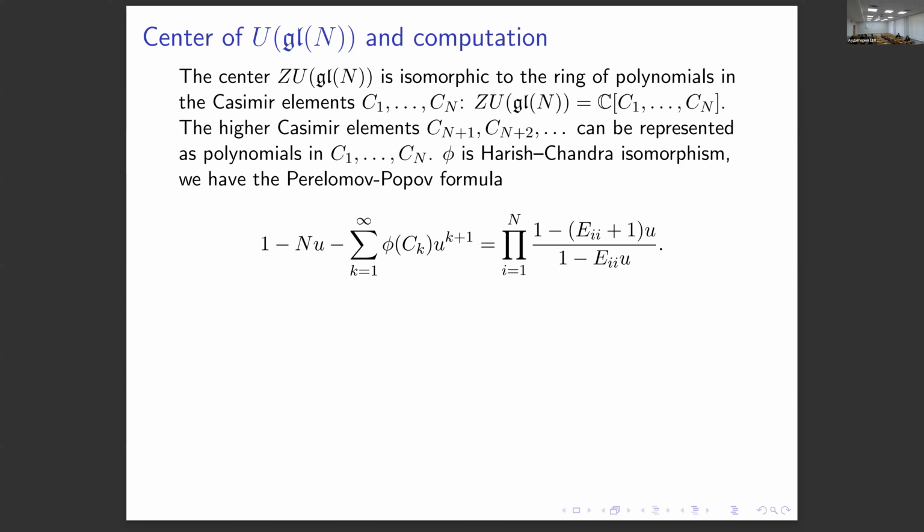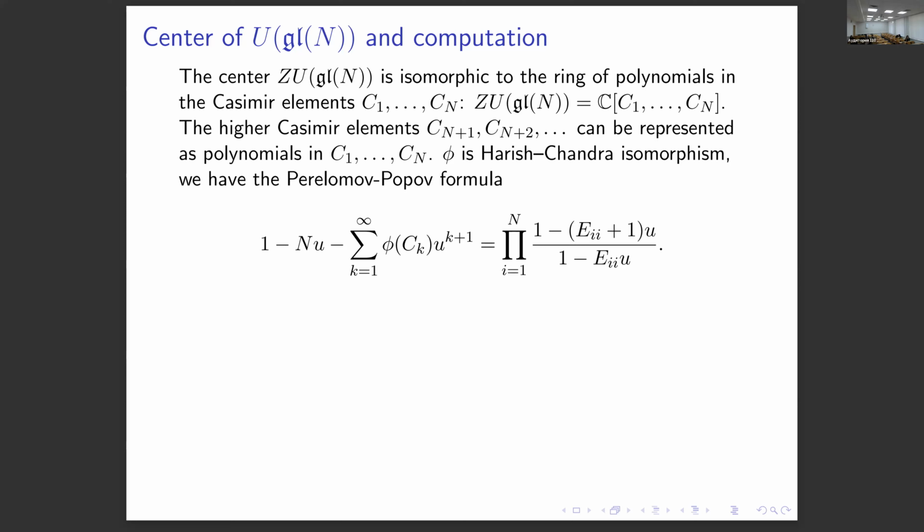And the first is the projection from this to this center, and this projection is given by the isomorphism, where here is a polynomial in the E_ii. It is not exactly an isomorphism; it is mapped injectively.